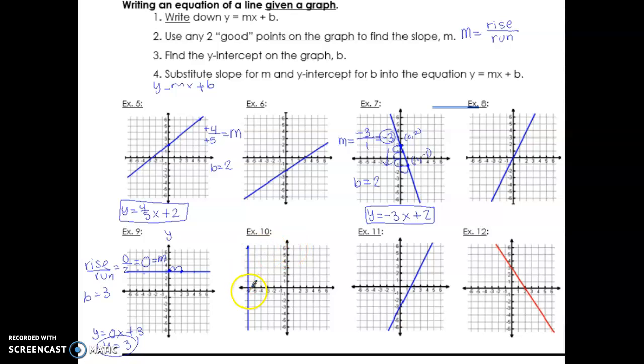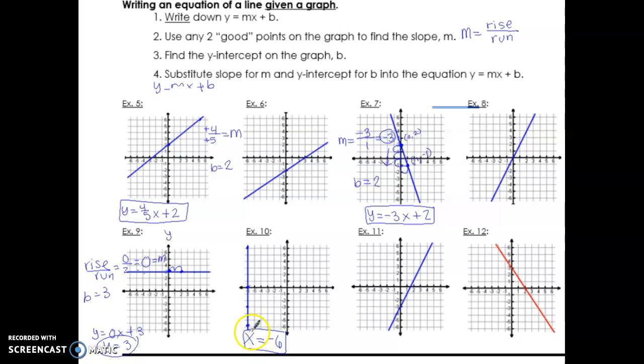Your x is going to be -6. If my y is 0, my x is still -6. If my y is -3, my x is still -6. If my y is -6, my x is still -6. So the equation for this line is simply x is equal to -6.